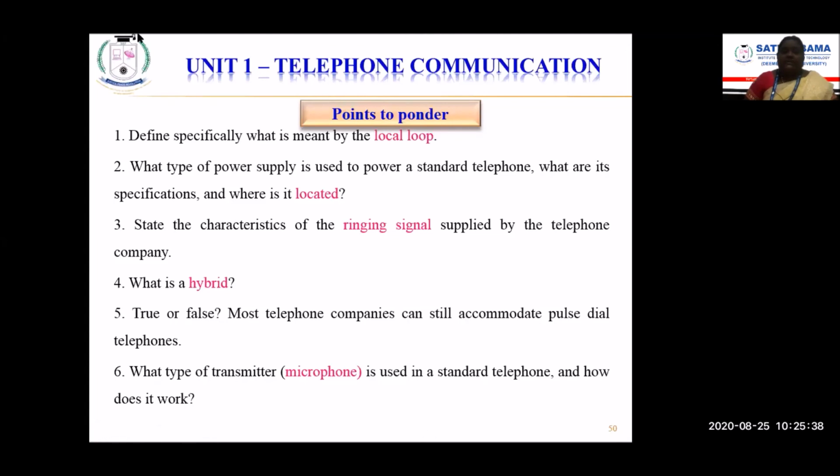Am I receiving answers? Twisted pair of cable that terminates the local loop with the exchange. Very good. Twisted pair of cable which connects the telephone to the local exchange. Very good. Shruti, Pranita, Sonali, Akhil, very good.